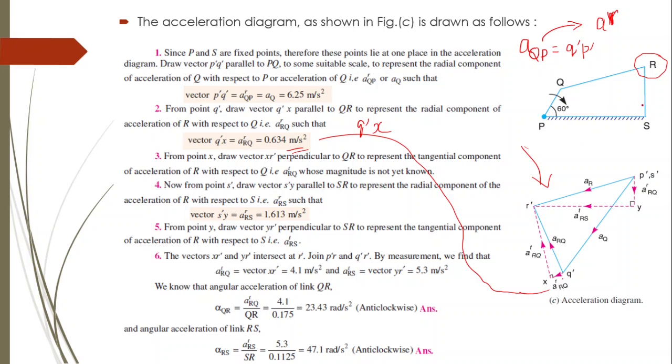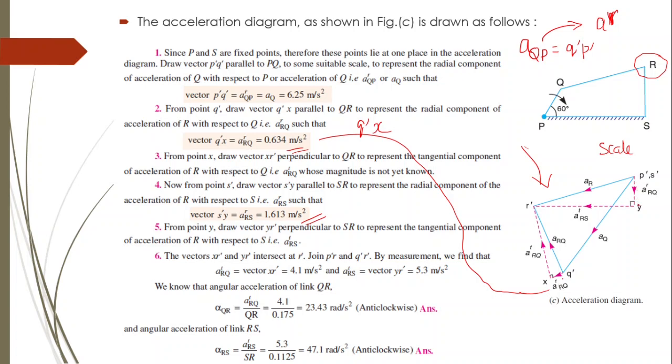Here again we already found out the radial component, and it must be along RS. That radial component is equal to 1.613 meter per second square. Then we draw that length in the already chosen scale for the construction of the acceleration diagram.